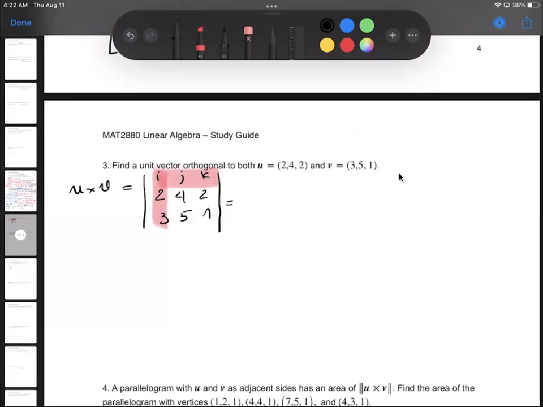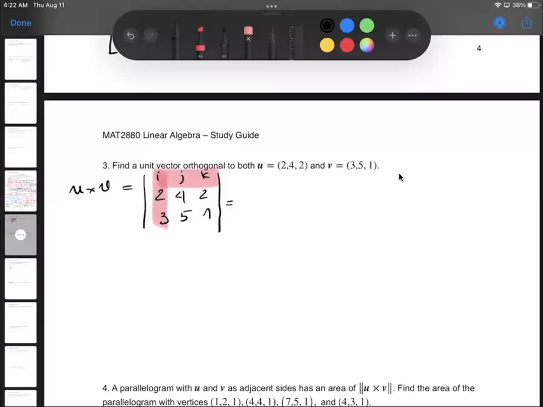Okay, now the final answer. We want to find the unit vector, so it's the vector divided by its length. I didn't write the little arrow on top, but we both know this implies vectors, not just a letter. So 1 over 2 square root of 14 times the vector -6, 4, -2.